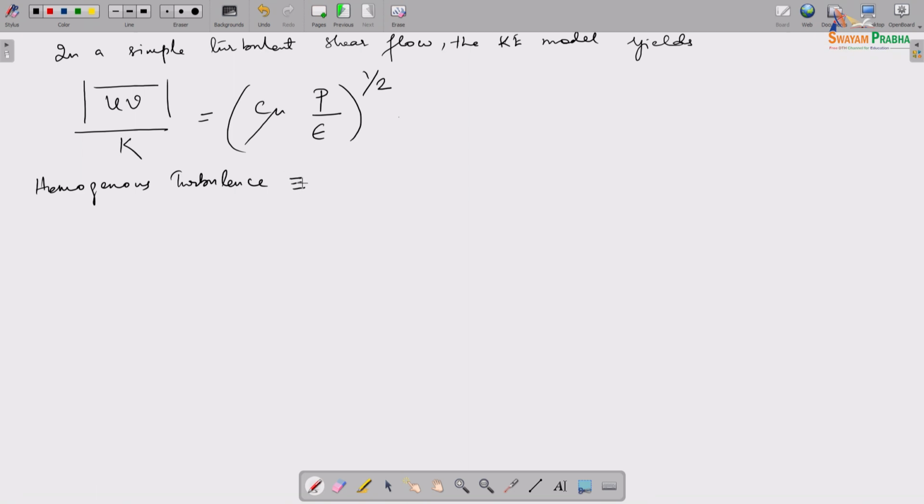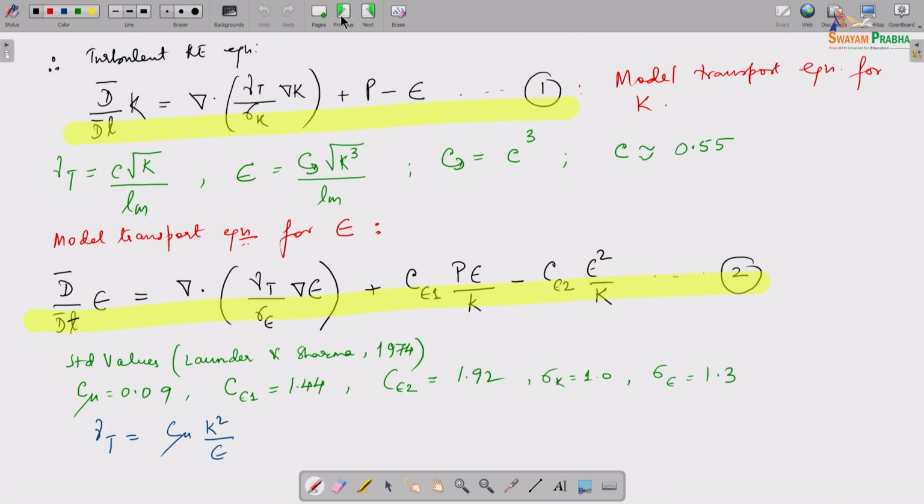This means that the convective change, homogeneous turbulence, the turbulence is not changing in any direction. So, then the convective change becomes negligible. So, if you look at these two equations which I have highlighted, what would the equations become?